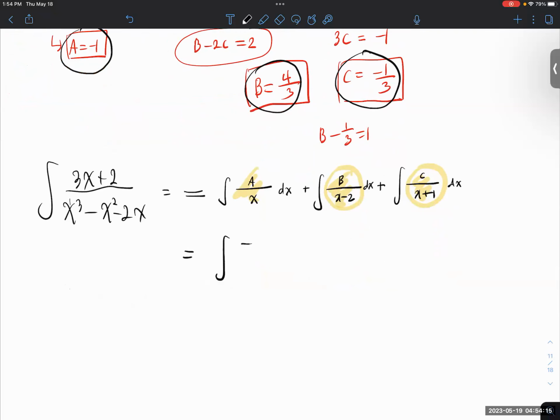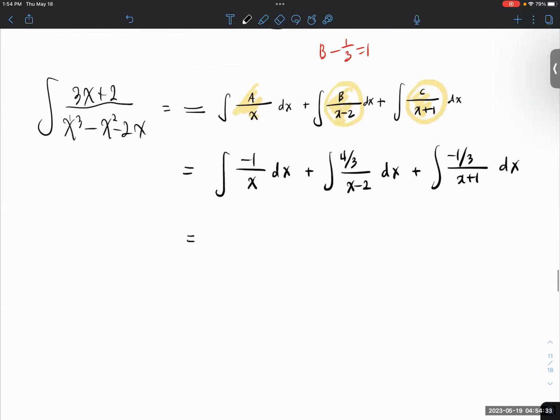So the integral of -1/x dx, plus 4/3 over x minus 2 dx, plus -1/3 over x plus 1 dx.